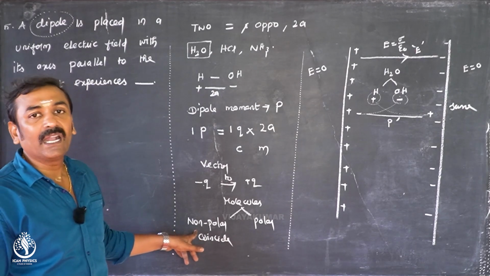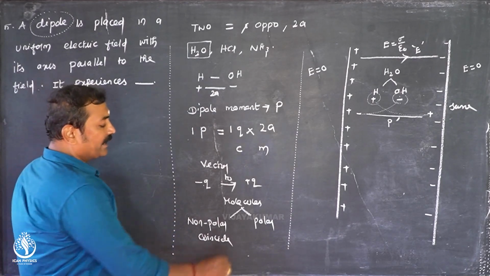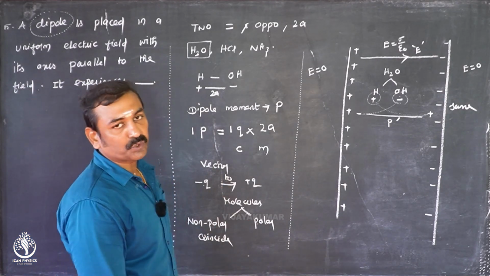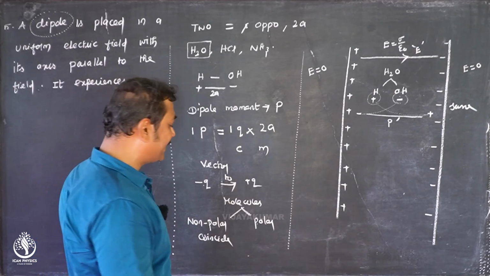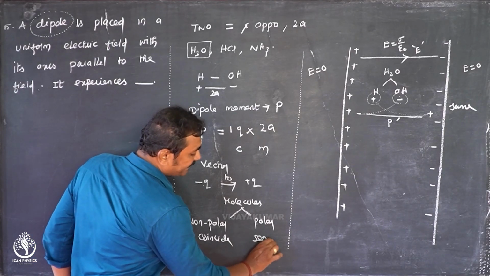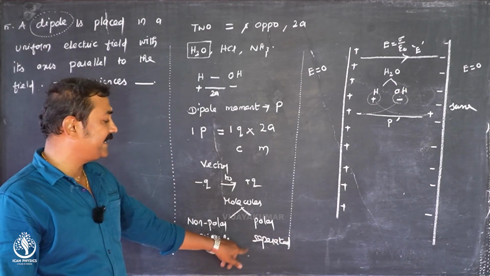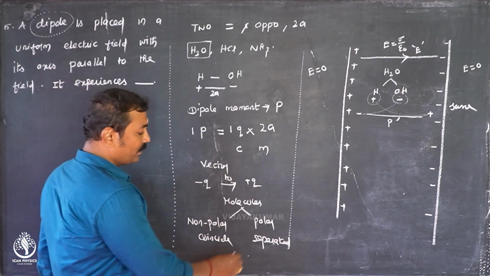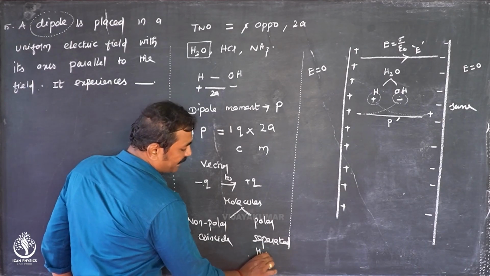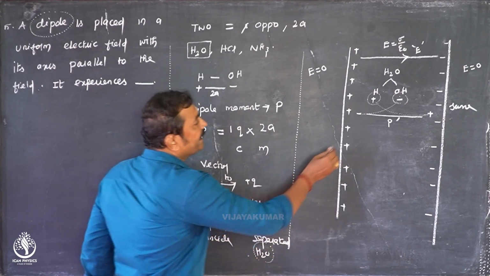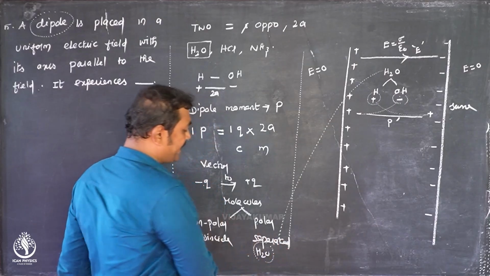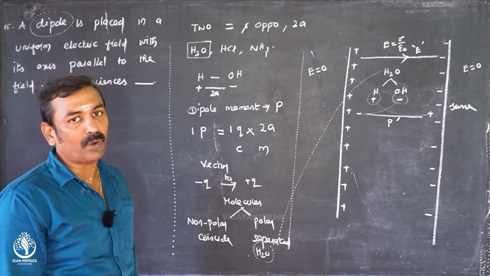Then it is said to be a non-polar molecule. If the center of gravity of positive charge and the center of gravity of negative charge are separated by a small distance, then it is said to be a polar molecule. Give an example of a polar molecule: H2O. So H2O is a polar molecule.